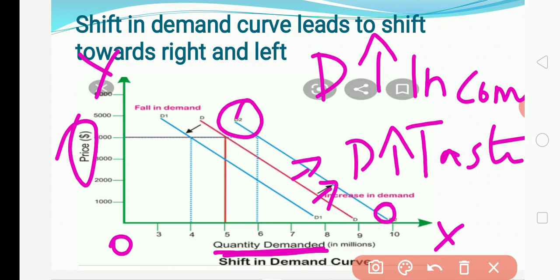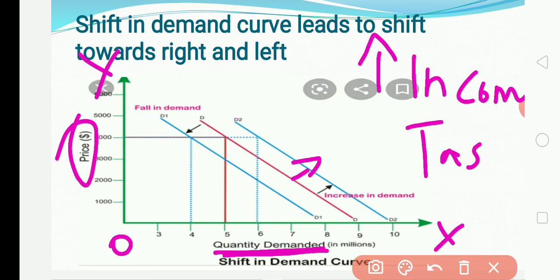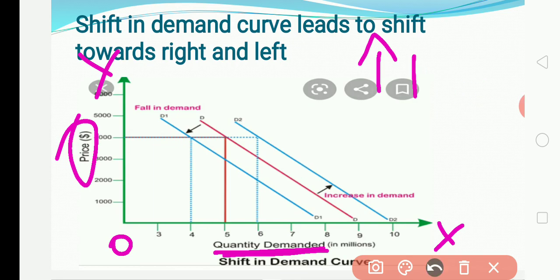When the income is more, my demand will shift rightward, that is upward. The demand will shift upward when the income increases, when taste and preferences increase for the consumer.